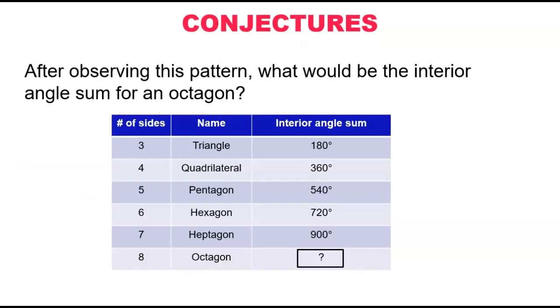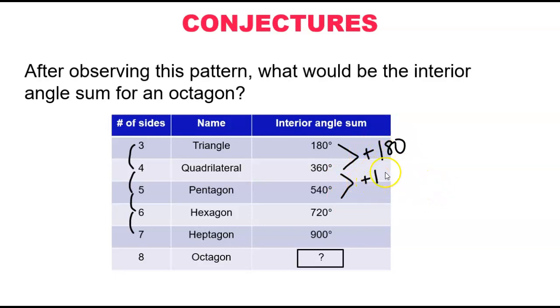This conjecture here, after observing this pattern, what would be the interior angle sum for an octagon? Just looking at this, we're like, okay, a triangle, quadrilateral. So the number of sides is going up by 1 each time, and I want to know how much the interior angle sum is for an octagon. If I look here, 180 to 360, 360 to 540, these have a difference of 180.